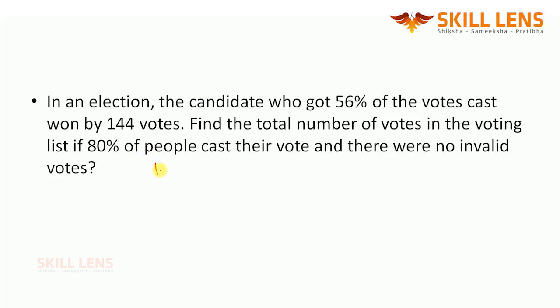Can I make a statement? 100% of polled votes is equal to 80% of total votes. Why am I making this statement? Because a lot of people make mistakes. With 80% of total votes, they'll write 56 on one side and 44 on the other.